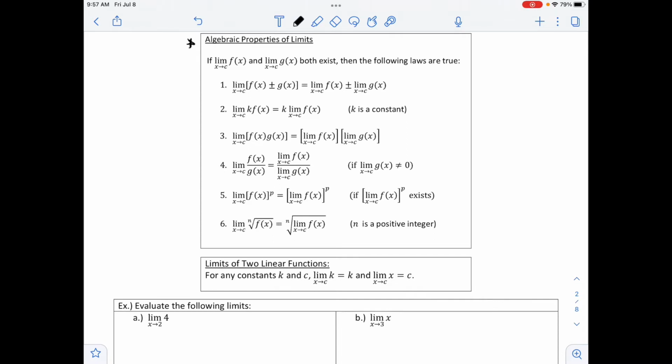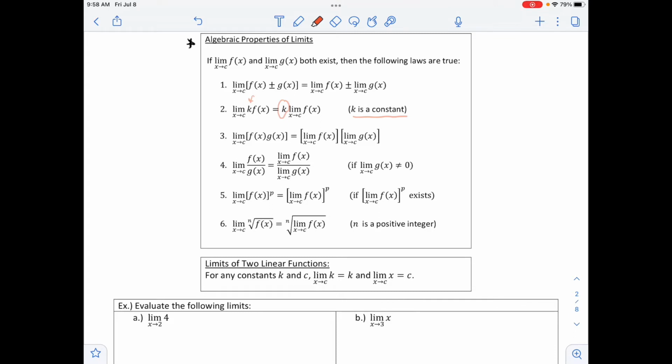This says if the limit as x approaches c of f of x and the limit as x approaches c of g of x both exist, then the following laws are true. 1, the limit as x approaches c of f of x plus or minus g of x would be equal to the limit of each of those, adding and subtracting each of those limits. 2, if you have a constant k being multiplied to a function, you can pull that constant k out in front of that limit and evaluate the limit of that function first and then multiply by k.